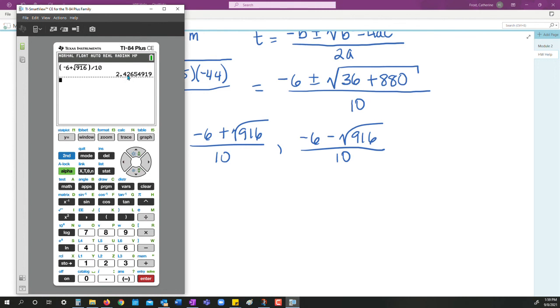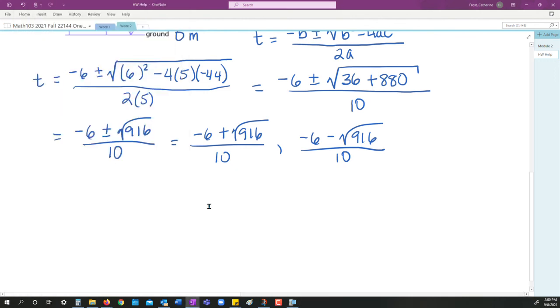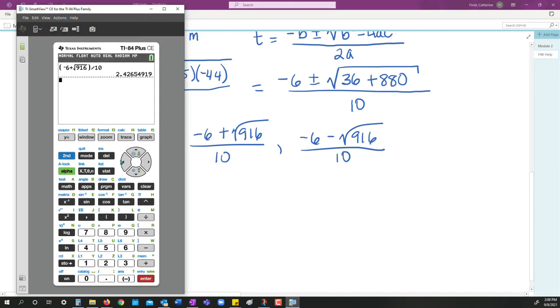If we round to the nearest hundredth, we're going to write down 2.43. So we'll put that here, 2.43. Then let's do the one with the minus sign. I'm going to do second enter to get the entry we just did, and change that plus sign to a minus. And we get negative 3.63.